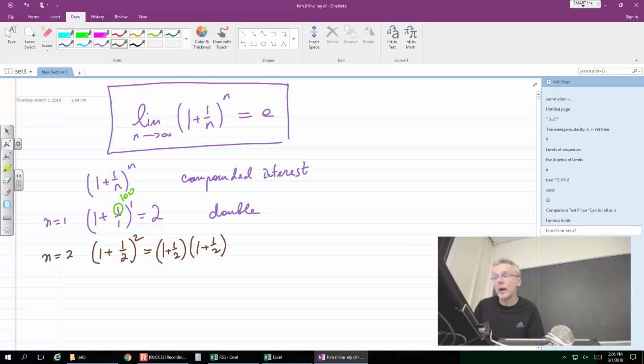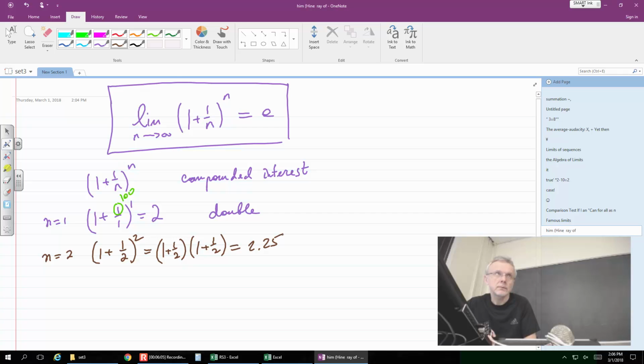So you multiply by 1.5 twice. So instead of getting 100% at the end of the year once, you get 50% twice, which sounds like the same, but because of the compounded interest, that's the magic of compounded interest, you get more money, right? You get that 50% compounding for the rest of the year. So as you can see, 1.5 times 1.5 is 2.25.